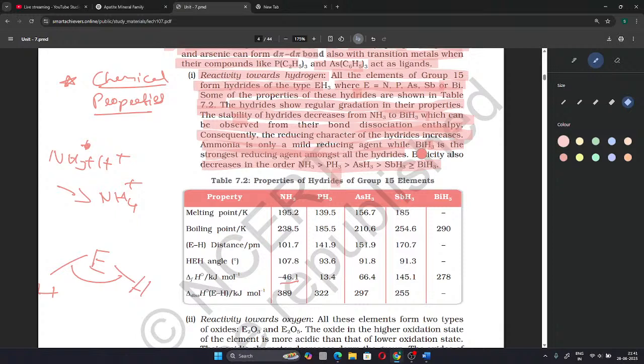And the reducing character of the hydrides increases, with ammonia only being a mild reducing agent, while bismuth hydride is a strong reducing agent. Basicity decreases in the order from up to down. 3 points highlighting the basic structure of EH3, the stability, the reducing character, and the basicity. Okay.